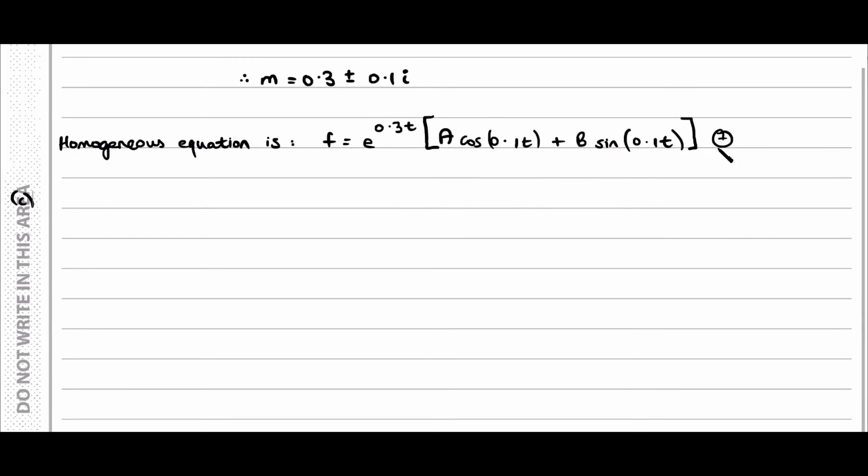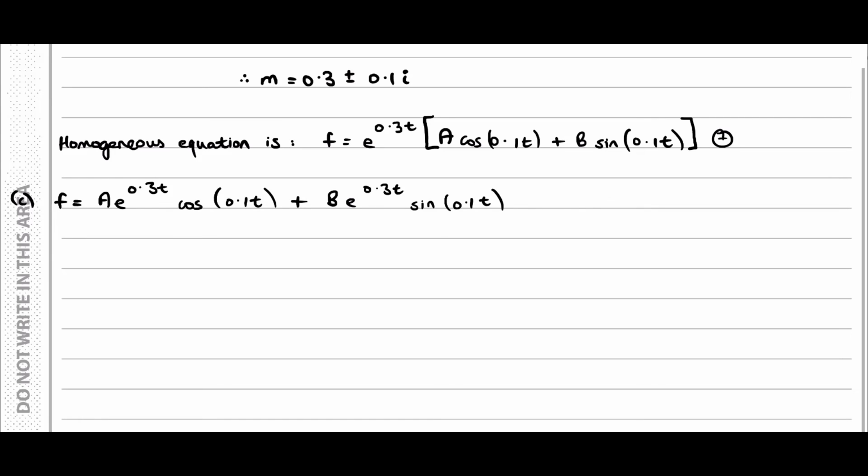So df over dt is our next challenge. If we differentiate this, if we use the product rule, first of all, actually, let's rewrite f. f is equal to a e to the 0.3t multiplied by the cosine of 0.1t plus b e to the 0.3t sine of 0.1t.